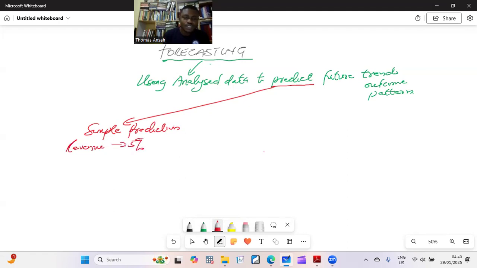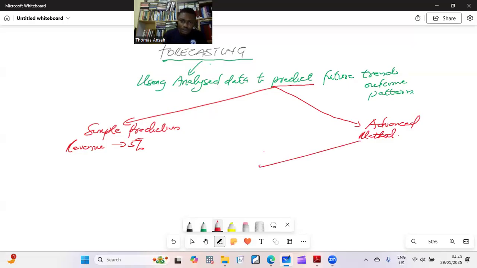So they take last year's revenue, then they just add 5% on that, which really doesn't give you a scientific way of doing your prediction. But we want to look at a more advanced methodology, a scientific way of doing it.